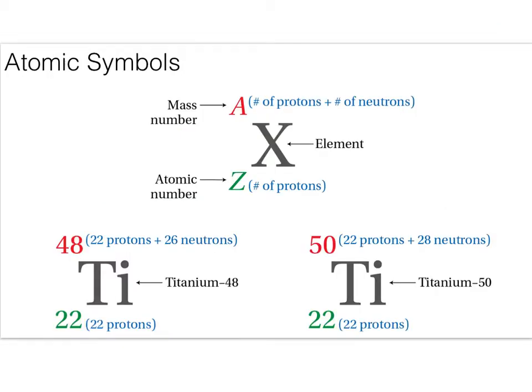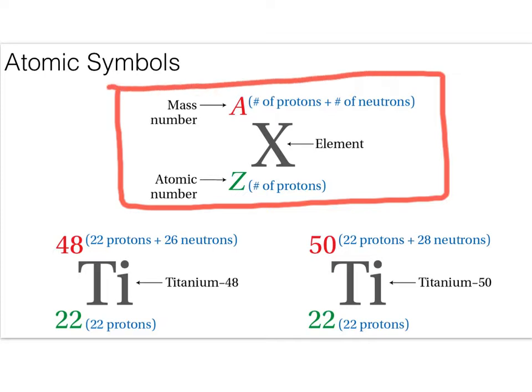Okay, so let's develop a shorthand notation as a way to describe all this information that we're talking about. Some way in which we don't have to simply write out 5 protons, 6 neutrons. And one of the ways we can do that is via atomic symbols. And so an atomic symbol tells us a lot of information.